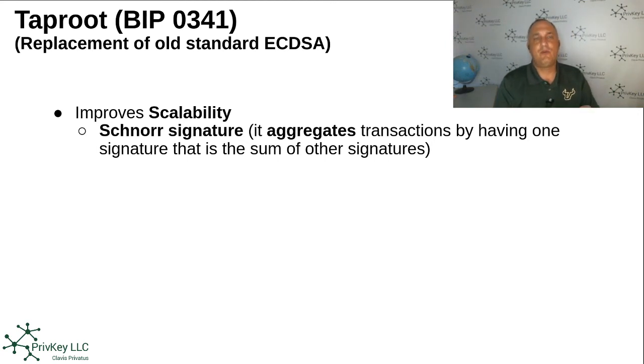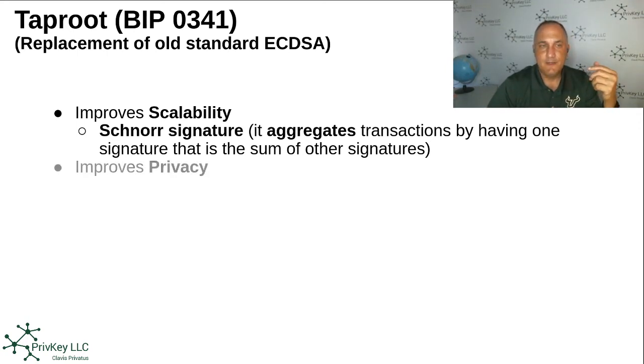You can scale better because there's less data. Let's say you have 10 signatures; instead of having space for 10 signatures to provide to the network, you can just sum them all up, create one signature, and now you have less space. So that's a scalability improvement.